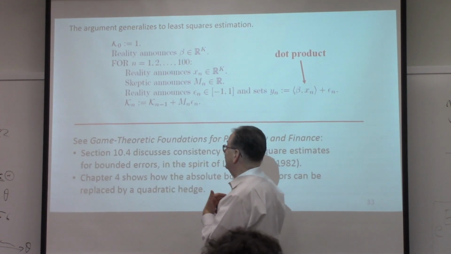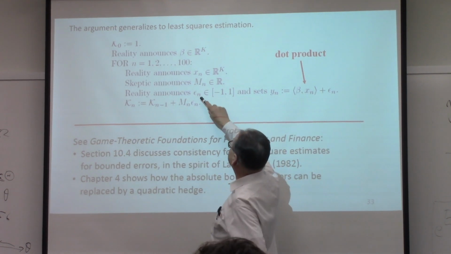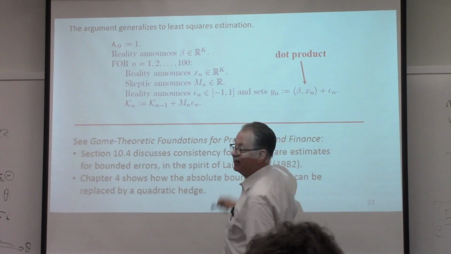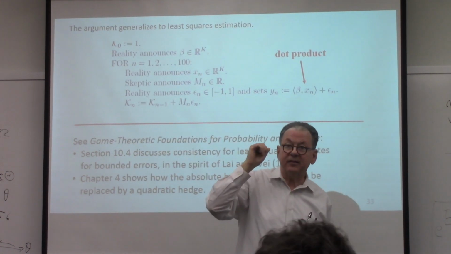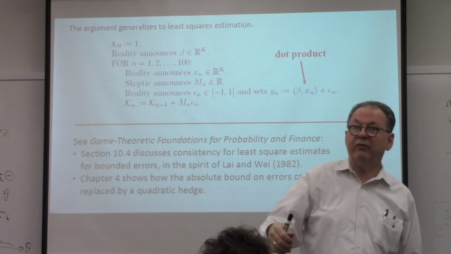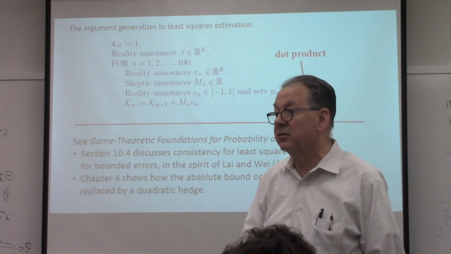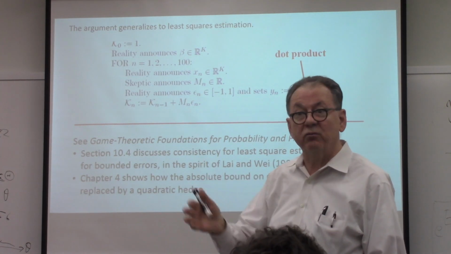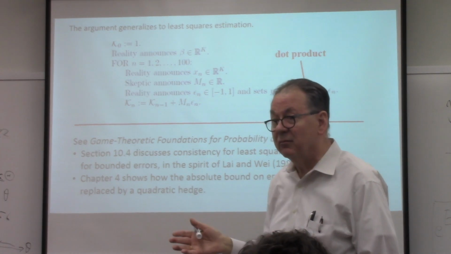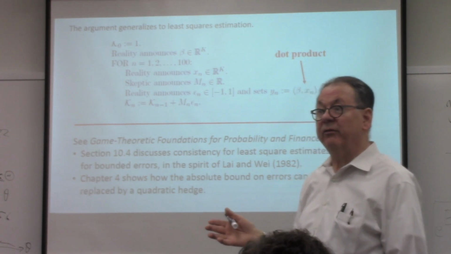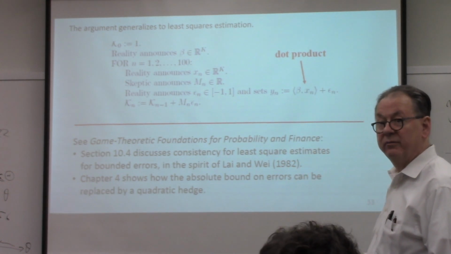But what does the statistician see? The statistician only sees the x's and the y's. He doesn't see the true regression coefficients, and he doesn't see the errors. He doesn't know what the errors are. All he sees is the x's and y's, and he's estimating the regression coefficient from them.